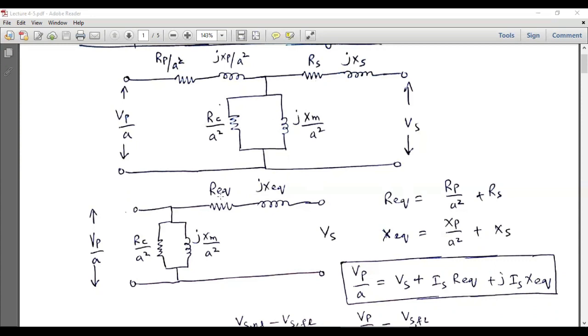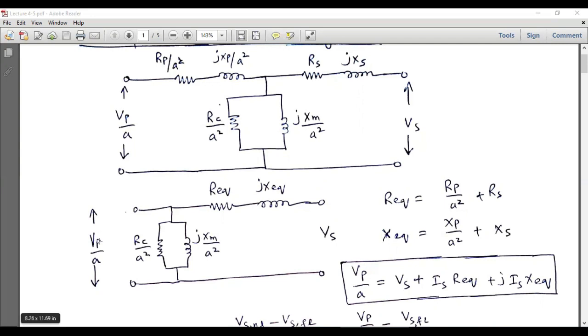At the end we will get R equivalent, which is the sum of Rp over a square and Rs, and we will get jX equivalent, which is the sum of jXp over a square and jXs. So this is the approximate equivalent circuit of the transformer referred to the secondary side.